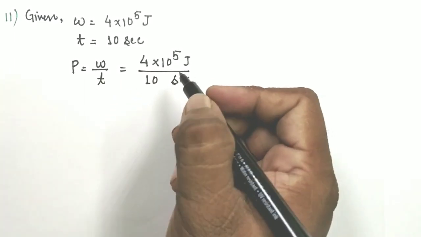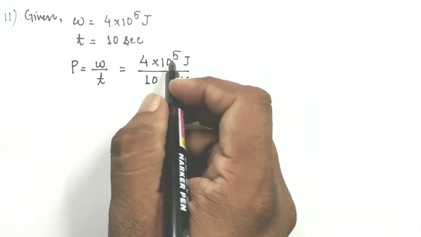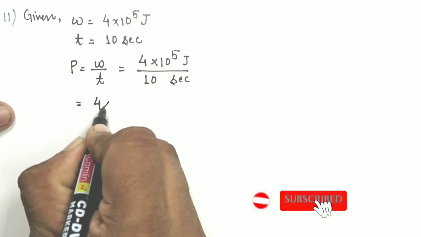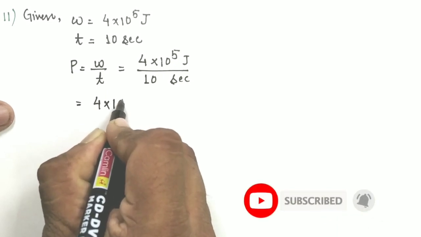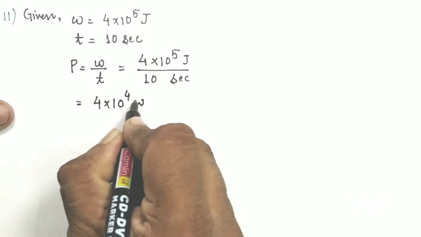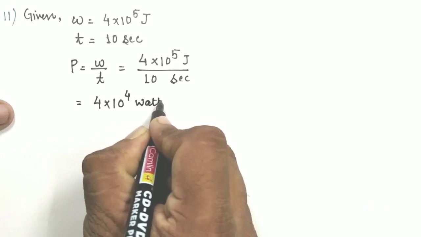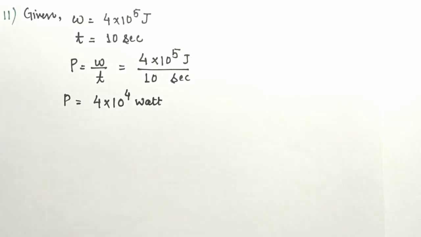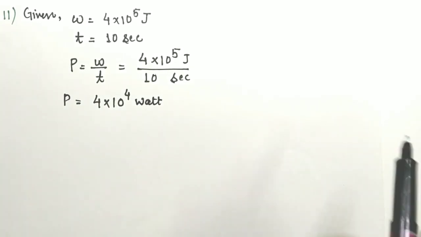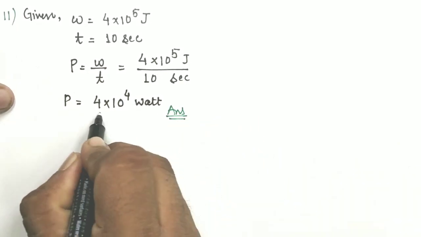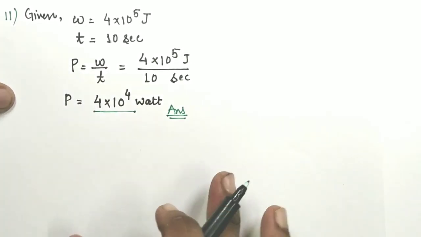So 1 10 will be cancelled out. So it will be 4 into 10 raised to 4, and the unit of power is watt. So 4 into 10 to the power 4 watt will be the power of the pump, the answer.